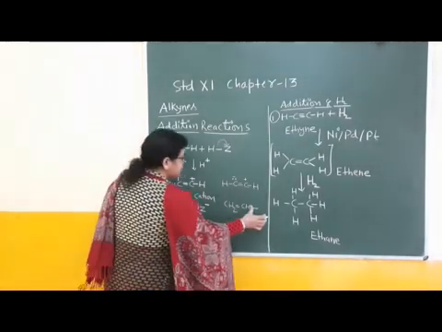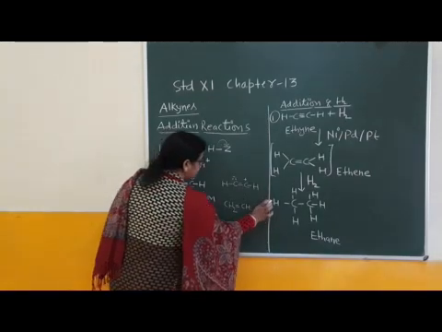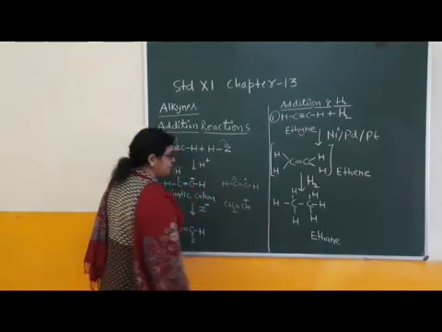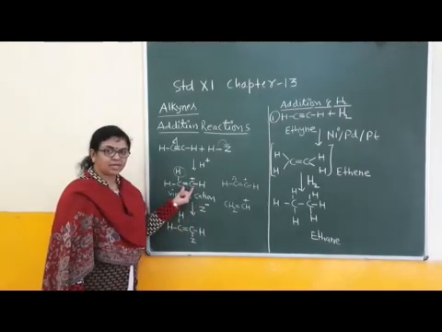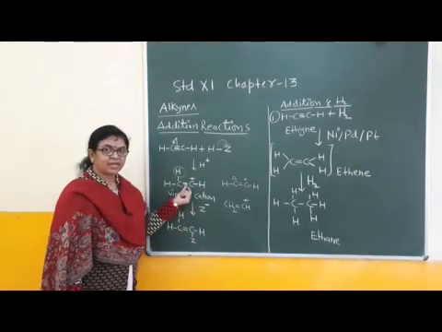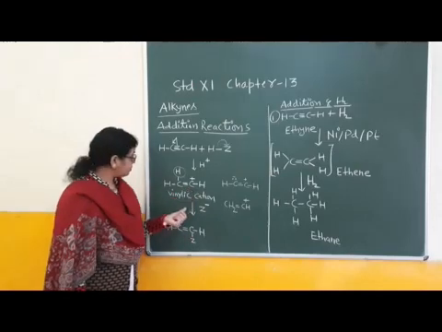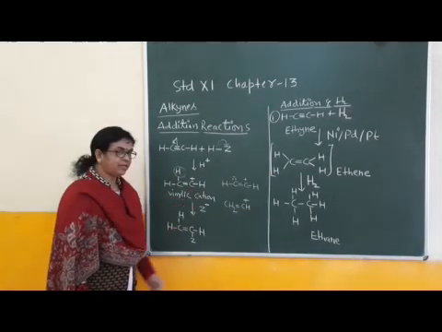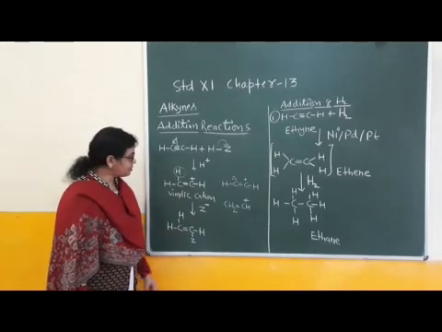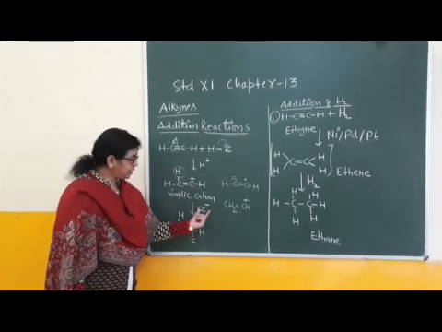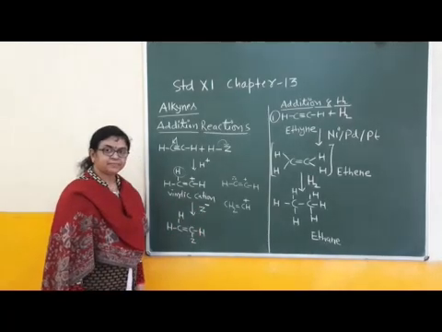Vinylic cation means the center is electron deficient. Right? Only 3 valencies, 3 bonds are present, at the electron deficient carbon. This is the vinylic cation. The second step of addition reaction is attack by the nucleophile.